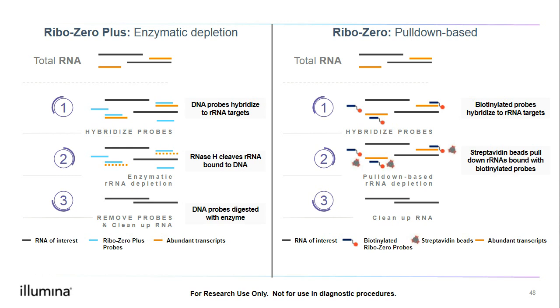With RiboZero on the right, biotinylated probes hybridize to rRNA target. Streptavidin beads are then used to pull down the rRNAs bound to the biotinylated probes, leaving us again with rRNA depleted input. The benefit of enzymatic depletion is that we would expect less rRNA carryover since there are no beads to accidentally pipette into the next step.